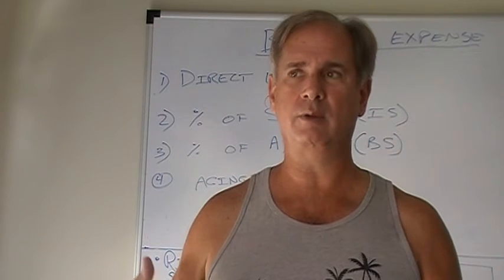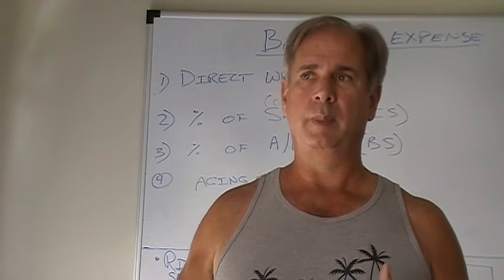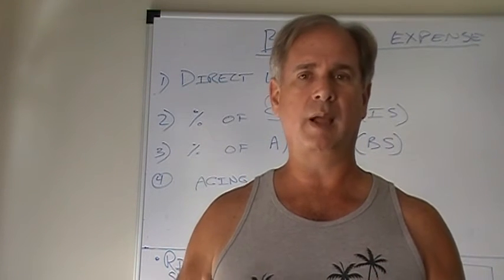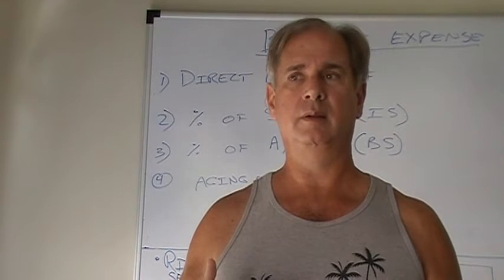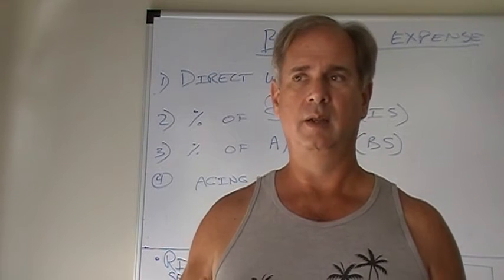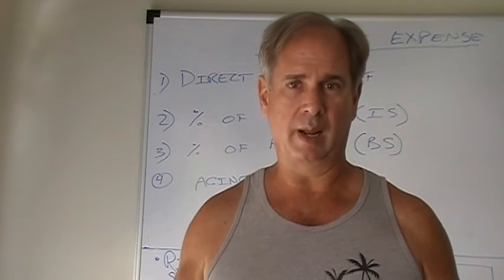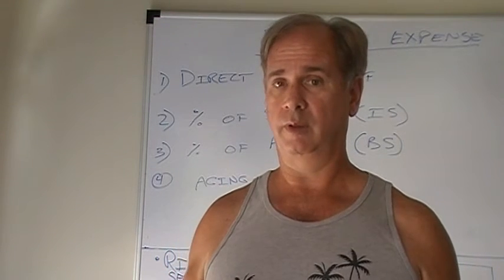So think about the allowance for doubtful accounts as the total amount of store credit that I've extended that might go bad. I don't know if they will, I don't know if they won't.